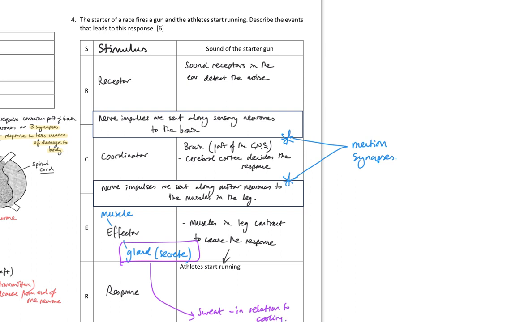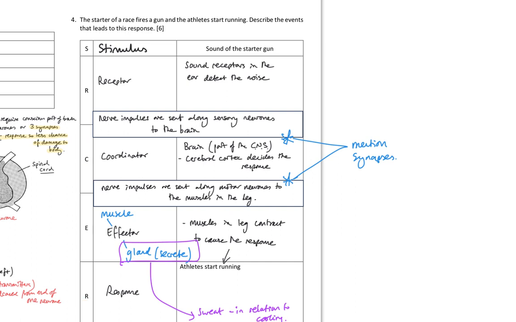And as soon as it becomes temperature regulation, that's when, again, we know the detail of the coordinator. It's the thermal regulatory centre in the medulla in the brain. So just be aware that it can be very generic like this, standing on a pin, or tasting some chocolate or something. But just try and frame your answer with stimulus, receptor, coordinator, effector, and response.